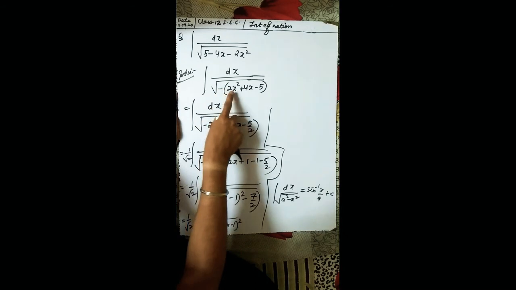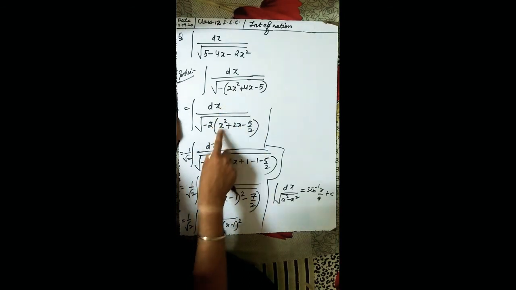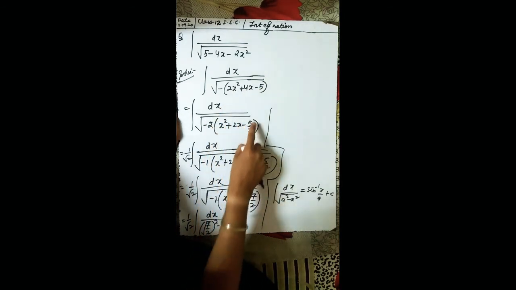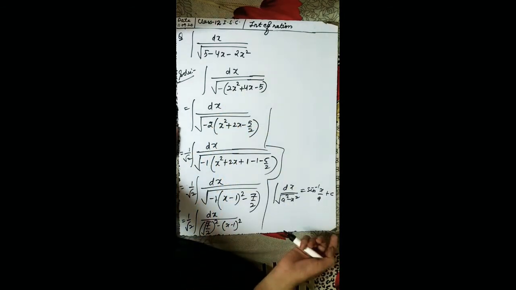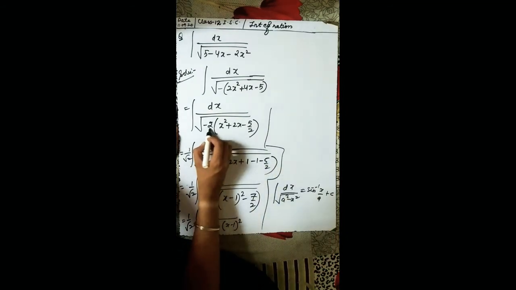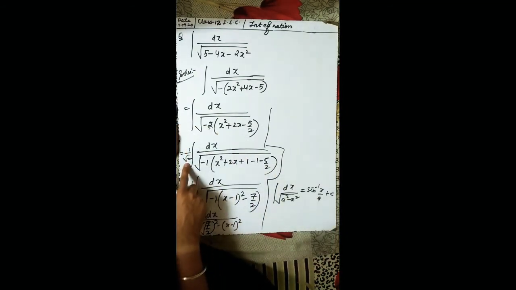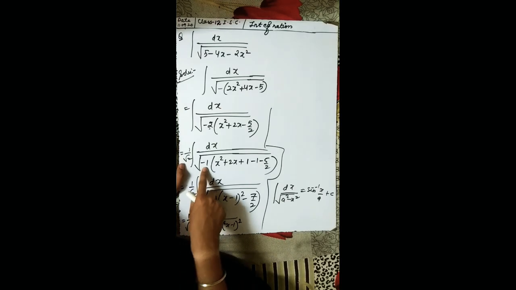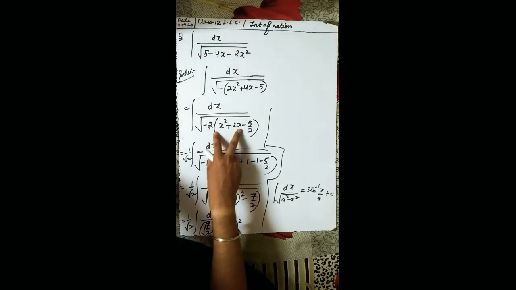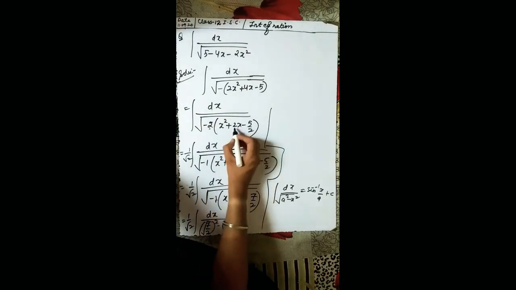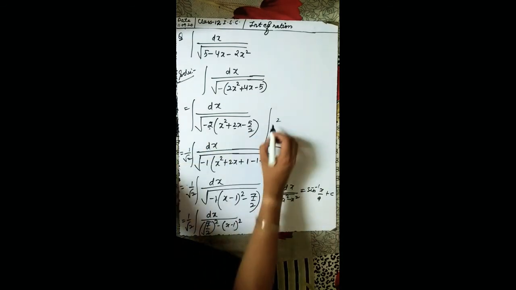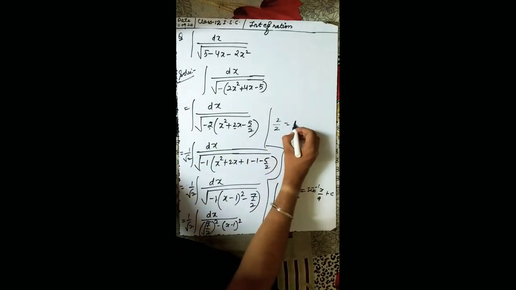Now I don't want this 2 also, so I'm taking 2 common from this. So x square plus 2x and minus 5 upon 2. Now take this 2 out from the root, so 1 upon under root 2 and minus 1 is left here. Here, what is the coefficient of x? 2. Divided by 2, you will get 1.